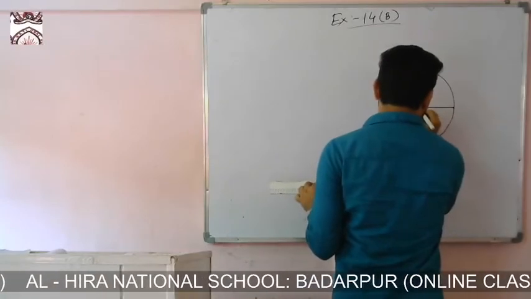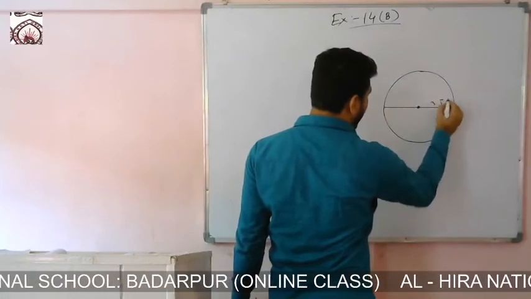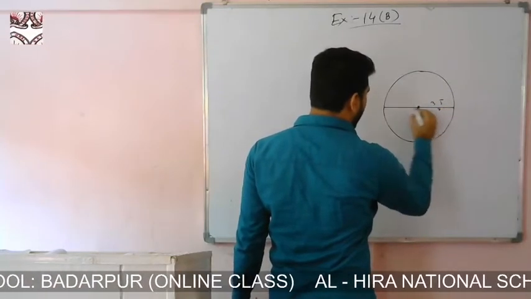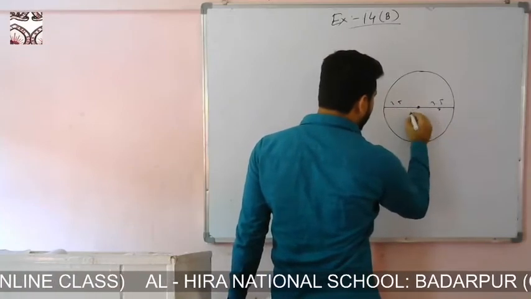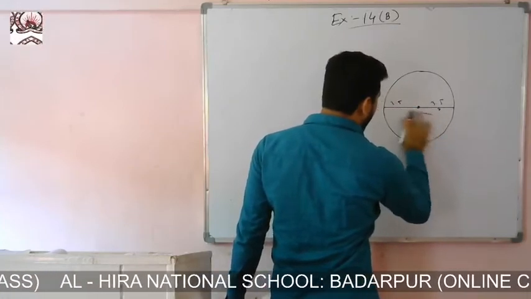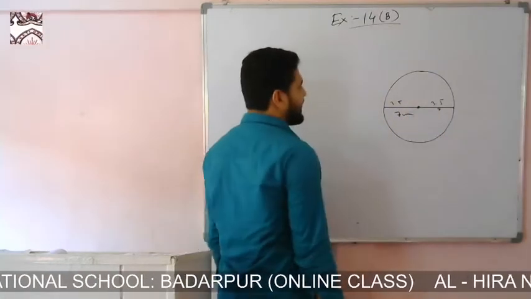This is the center. This will be 3.5 radius, and this will be 3.5 radius, and together this will be 7 centimeter.